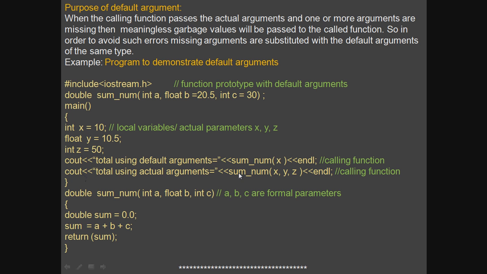Here you can see that the calling function is passing all the values that are assigned to x, y and z. So all the actual arguments are passed, and that means a copy of the value is passed to the variables a, b and c. In the next video I'll be discussing how a copy of this value is passed to these variables, like passed by value and passed by reference, which I'll explain in the next topic.